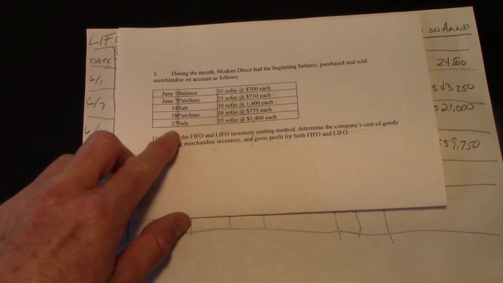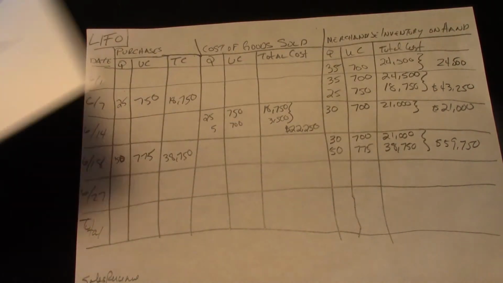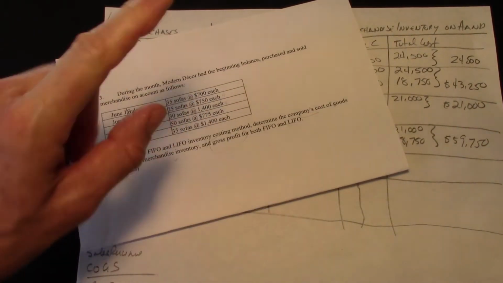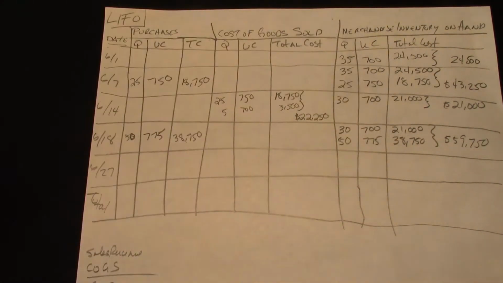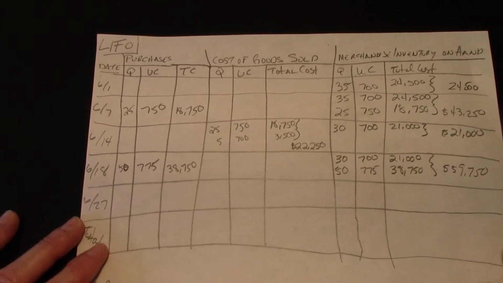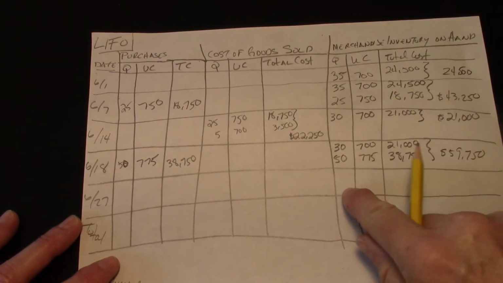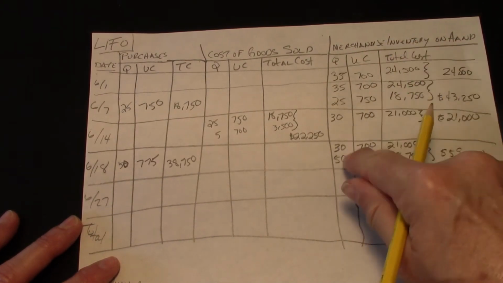And the last thing that happens is we sell 35 sofas. And again, we don't care about that 1,400, that's the sales price. We're calculating costs. Alright, so we're selling 35, so which 35? Well, last in, so here we go. We can cover it all with this.